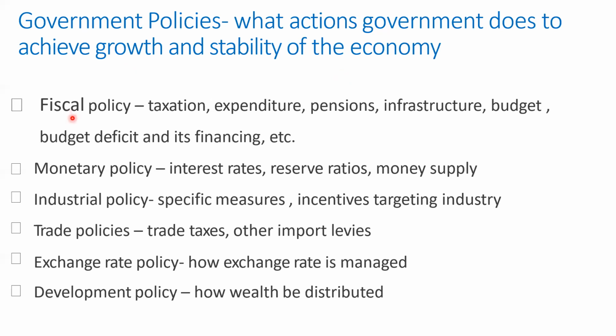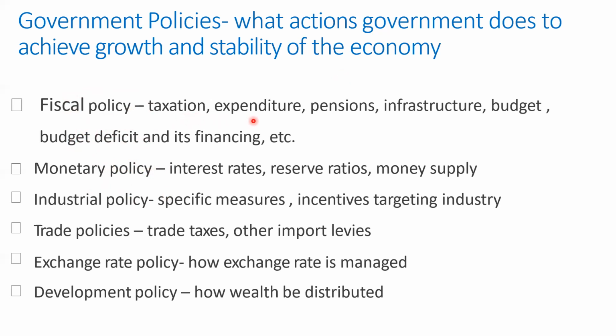Then there are some other policies. There are so many policies. Now here, mainly I want to introduce the two terms, fiscal and monetary policies. Now fiscal policies, those are through a budget. We are trying to do it.